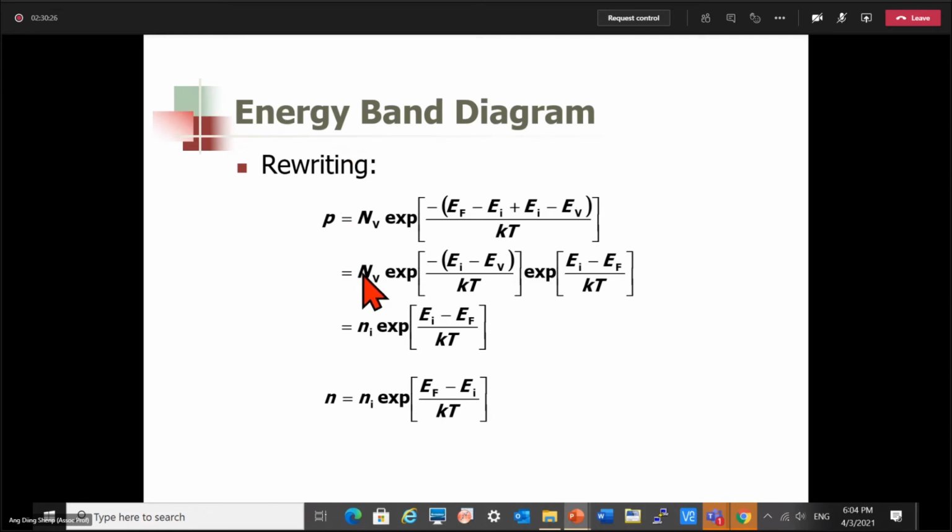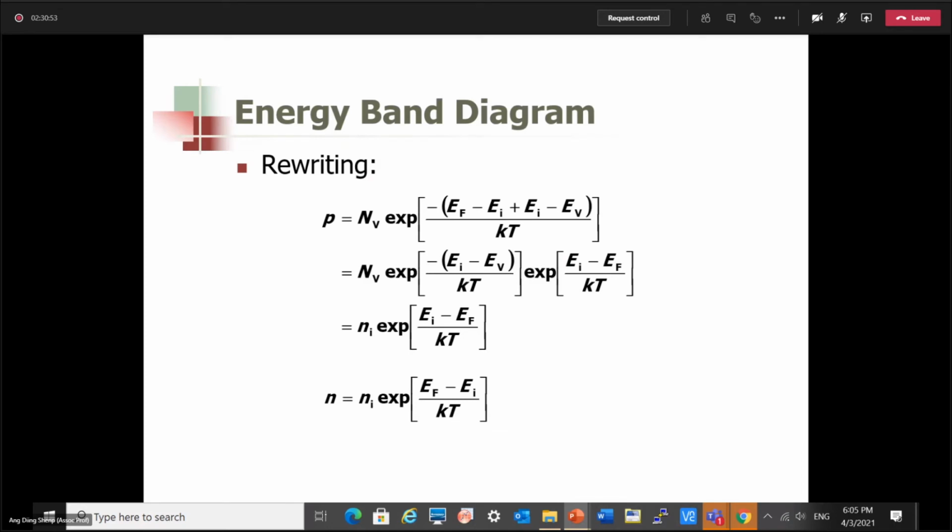So the product of NV and the first exponential term is the hole concentration inside an intrinsic semiconductor, which is equal to Ni. Then you just write down the second exponential term like this. So I can express P as Ni exponential EI minus EF over KT. By the same approach, you can express N as Ni exponential EF minus EI over KT.